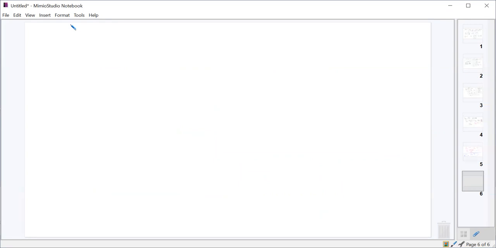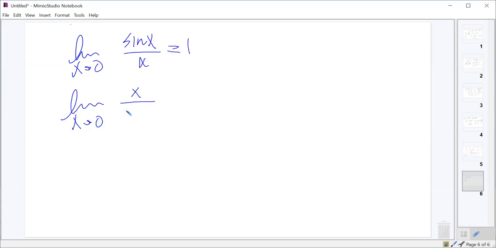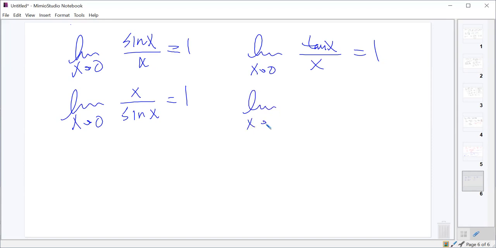That's fine. Okay, so the limits that you need to know: we have the one that we just did, the limit as x approaches 0 of sine x over x. That one's equal to 1. You should also know, and these are on that sheet that I sent out to you all, that the limit as x approaches 0 of x over sine x is also 1, that the limit as x approaches 0 of tangent x over x is also 1, and that the limit as x approaches 0 of x over tangent x is also 1.